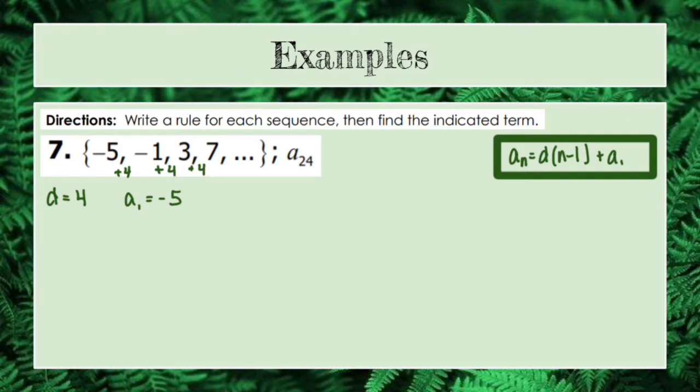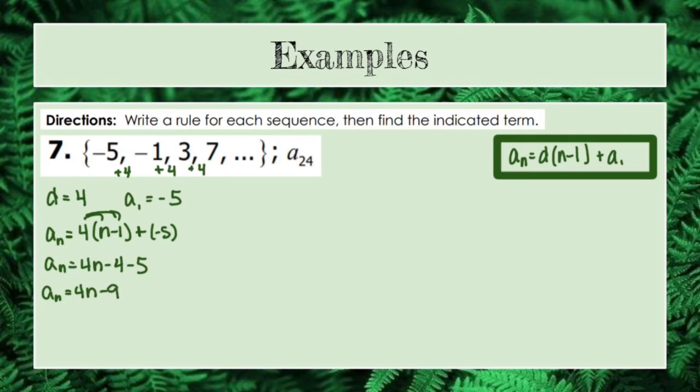What we want to do now is write an equation. We have a sub n equals d, which is 4, times n minus 1, plus a sub 1, which is -5. We want to simplify this. a sub n equals, we distribute the 4, 4n minus 4, and then plus -5 is just -5. Then we combine like terms to get 4n minus 9.